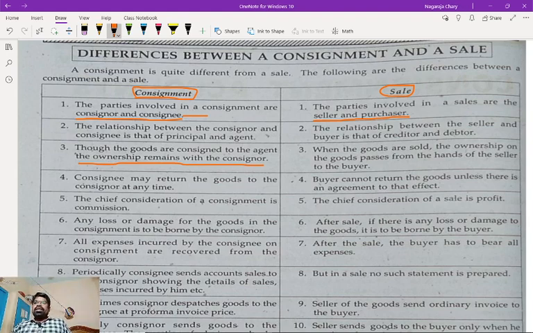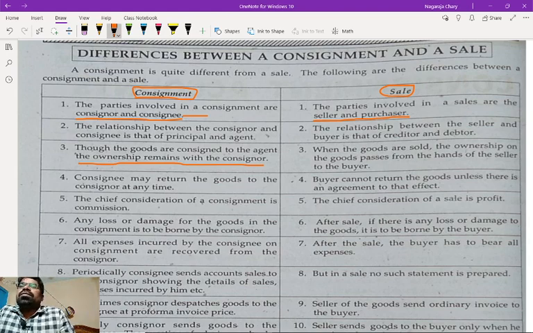The goods may be returned by the consignee. In a sale process, the buyer cannot return the goods unless there is an agreement to that effect. Yes, whenever there is an agreement, then only the buyer or purchaser can return the goods to the seller.